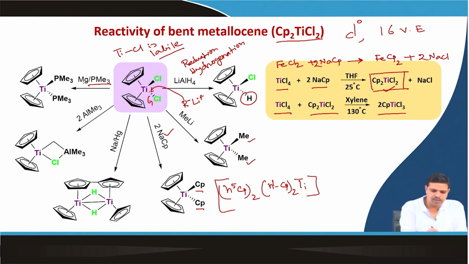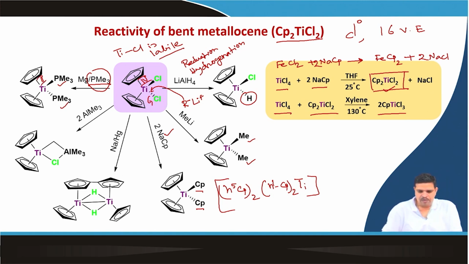It takes the MgCl2, so it acts as a chloride abstracting agent, and the vacant position is coordinated by the phosphines, and you get the titanium phosphine complexes. Here you see it is +4 oxidation state, here +4 oxidation state, but here it is +2 oxidation state.